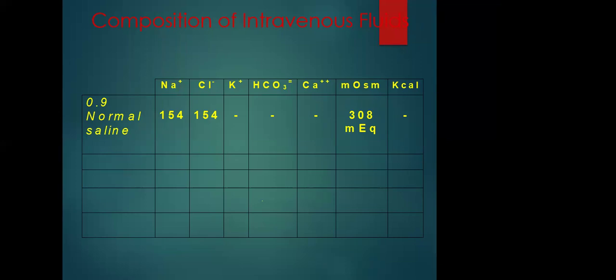Osmolality is 308. So they can vary from isotonic, hypertonic to hypotonic, with isotonic having 250 to 375, and then hypertonic is about 375, and hypotonic is less than 250.